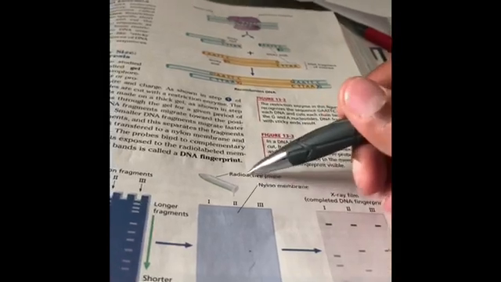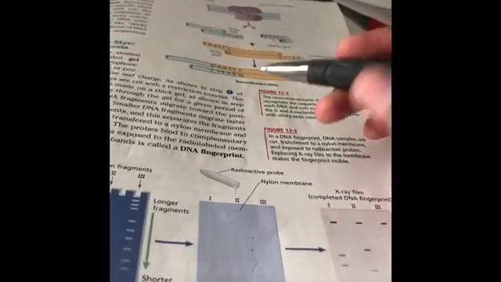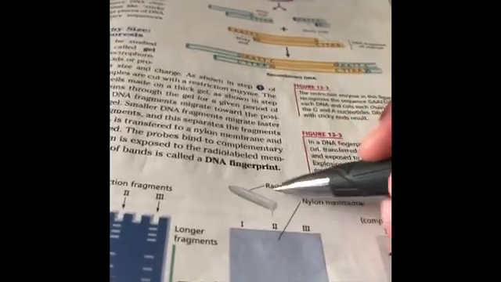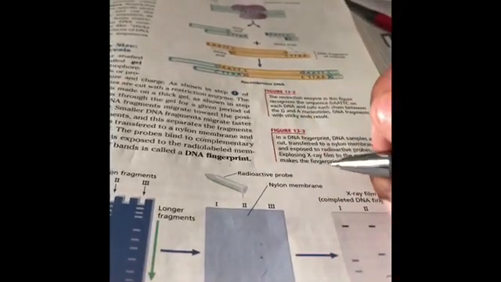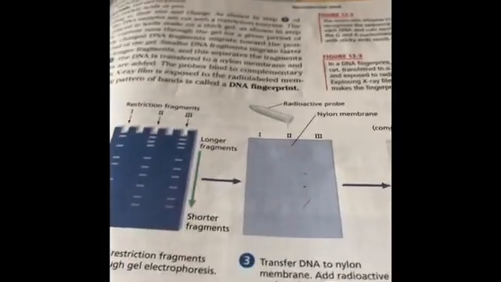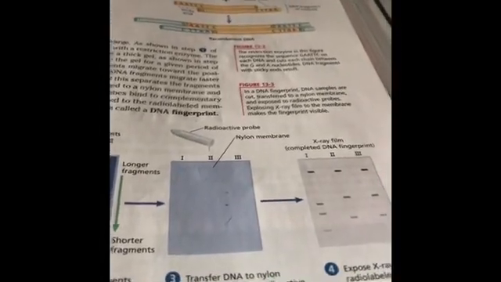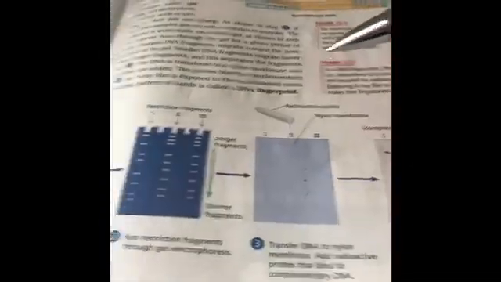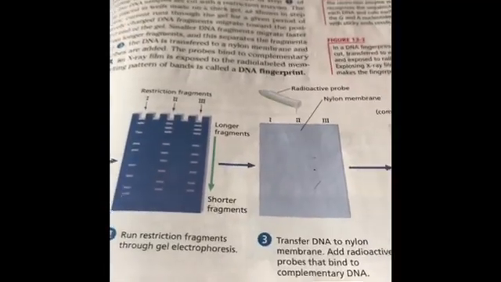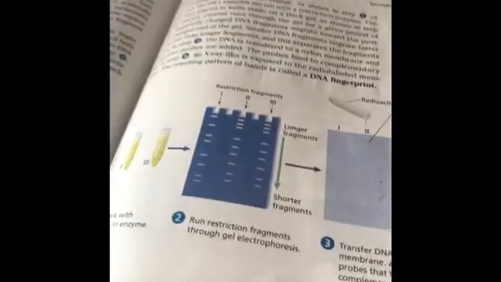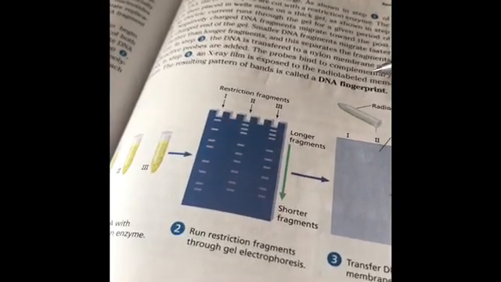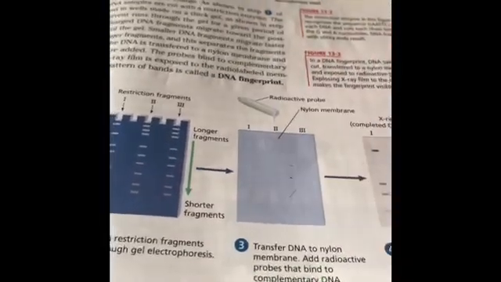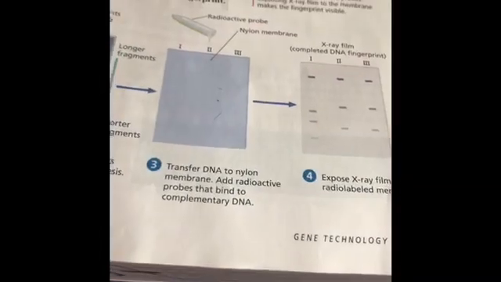Since the complementary DNA is radio-labeled after the probe binds, you would be able to see the radiation when the membrane is exposed to X-ray film. So this is a completed DNA fingerprint.